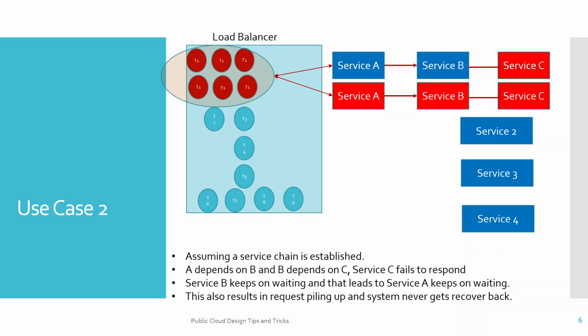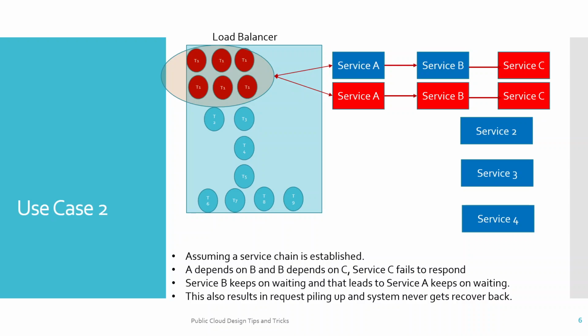What it means is, service A depends on service B and service B depends on service C. So when service A starts, it sends a request to B, and service B sends a request to service C, and based on the response of service C, service B and service A respectively provide a response to the client applications.